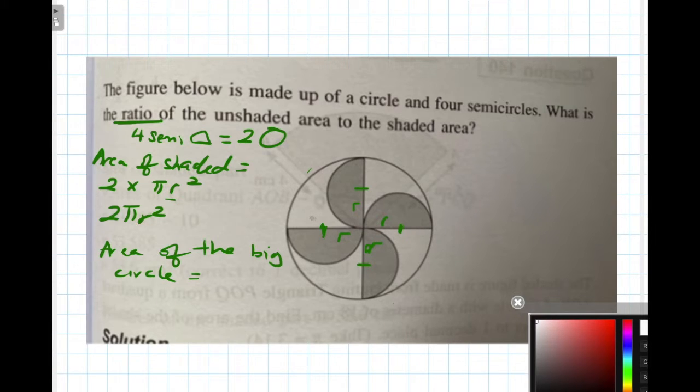Then what about the big circle? The radius of the big circle will be r and r, that means 2r already. So the area of the big circle is pi r squared, but then this r will be 2r squared. Then you have pi, 2 times 2 is 4 r squared. So I adjust a bit now. So it's 4 pi r squared.